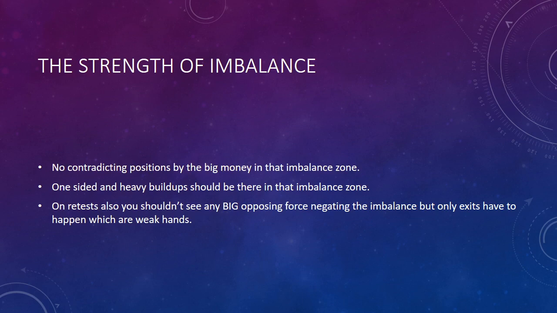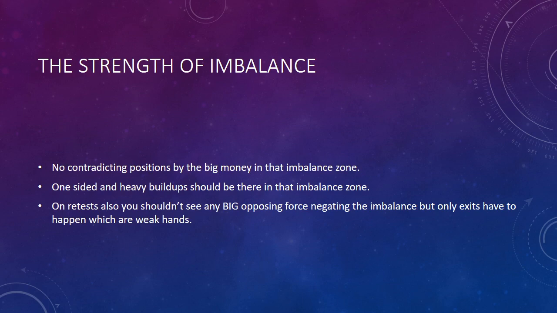So that's what we do. You should not see any big opposing force coming whenever the price is testing there. And you can maybe have exits, the unwinding happening, which indicates that weak hands are getting out of the market within the single prints, around the price zone of singles, that you can see that activity.